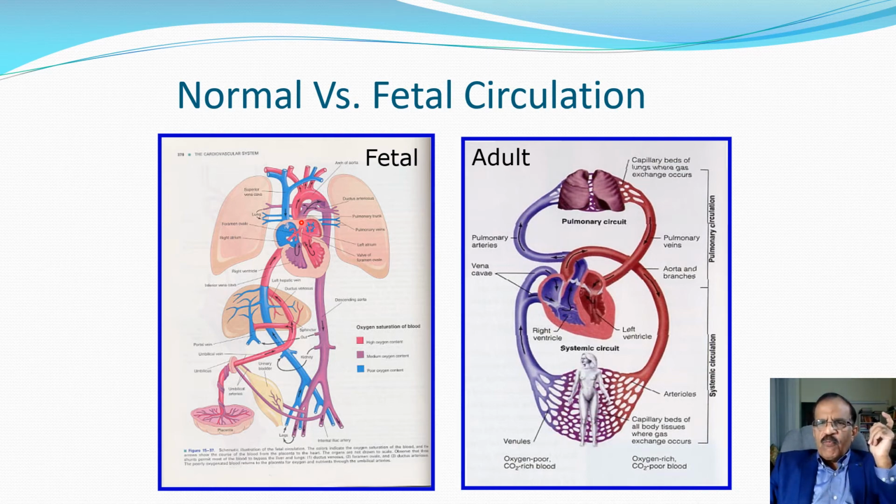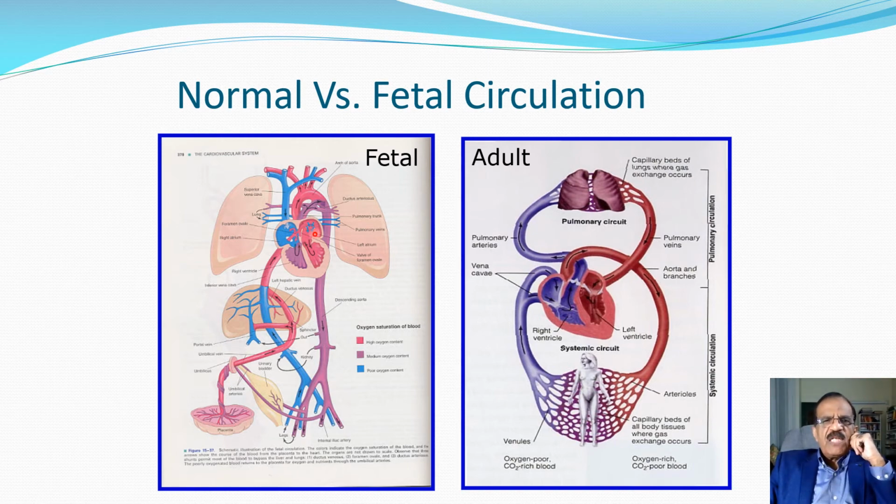So these two foramina, the foramen ovale and the ductus arteriosus, close at the time of birth, because at the time of birth the lungs expand and the pressure in the pulmonary artery drops, and the blood starts going to the lung from the right ventricle through the pulmonary artery. Because the pressure on the right side drops, that leads to closure of the foramen ovale as well as the ductus arteriosus. So these two should normally close at the time of birth or immediately after birth.